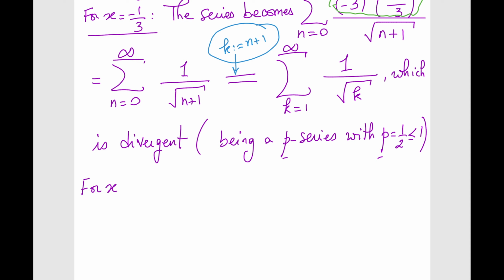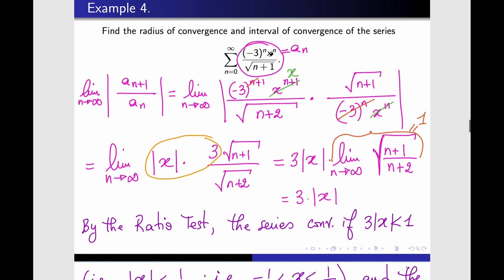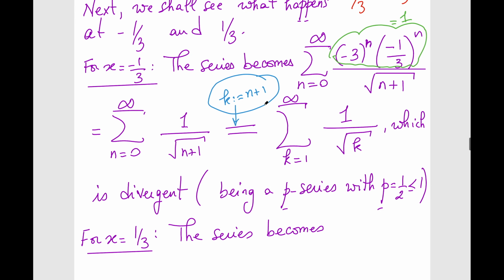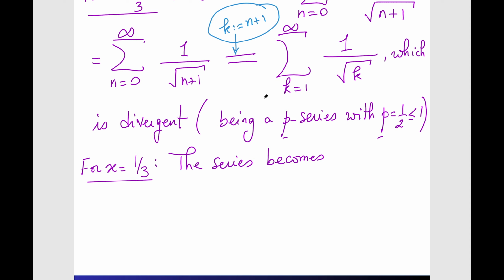So for x equals 1/3, the series becomes, so I'm replacing x by 1/3 in the recipe of that function. And what do I get? Once you do the simplification, I'm going to write it.